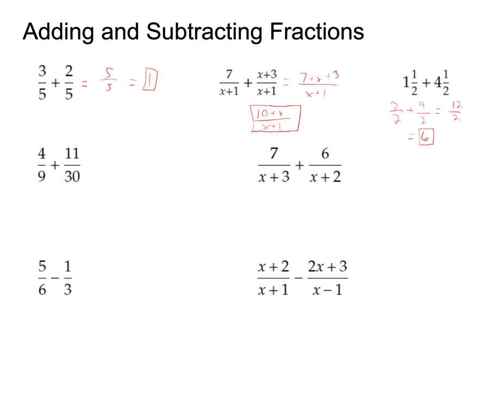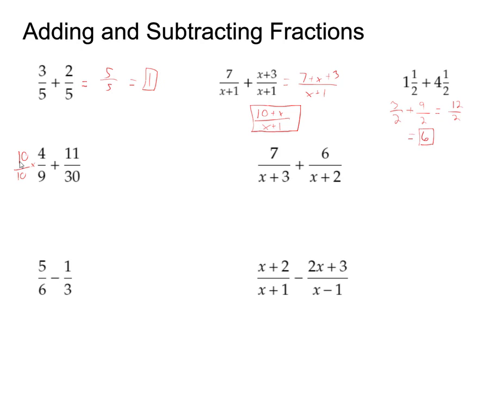So with 9 and 30, just looking at it, I can guess that the common denominator is going to end up being 90. Because if I multiply 9 by 10, I get 90, and if I multiply 30 by 3, I get 90. So I'm going to multiply 4/9 by 10 over 10, which of course is equivalent to 1.